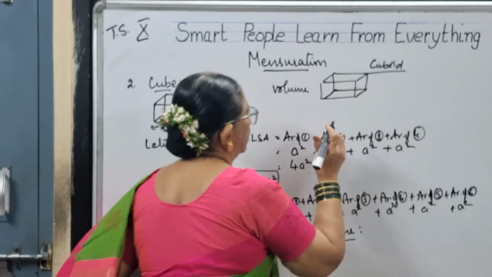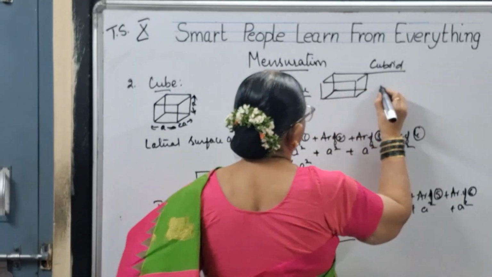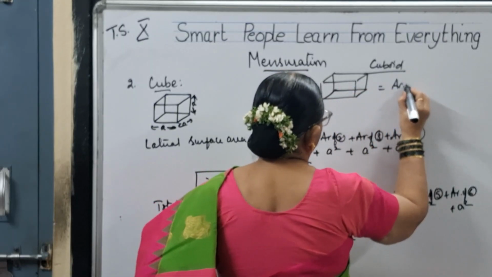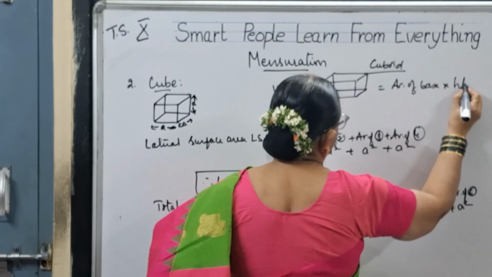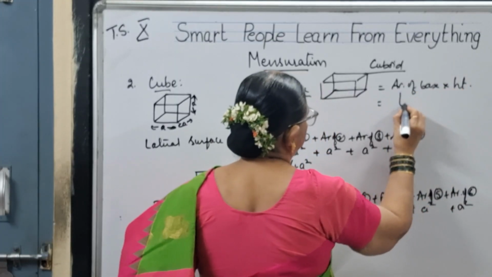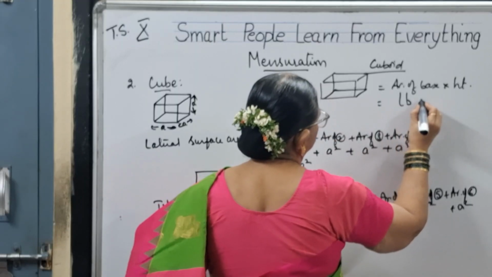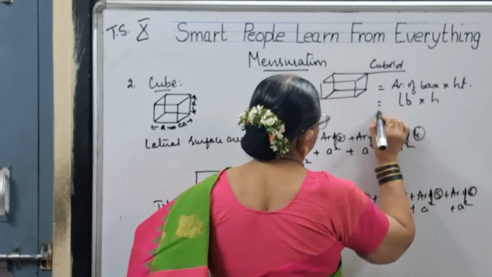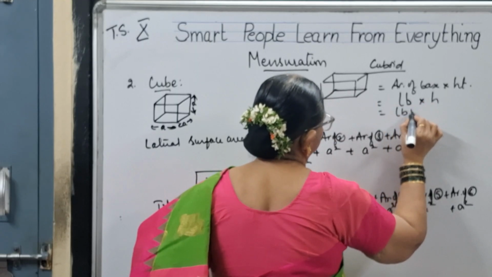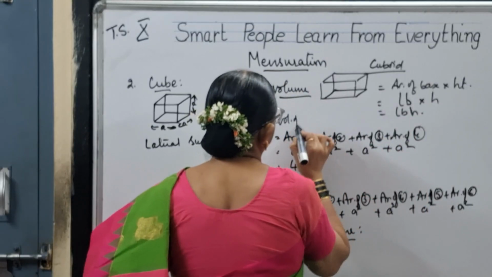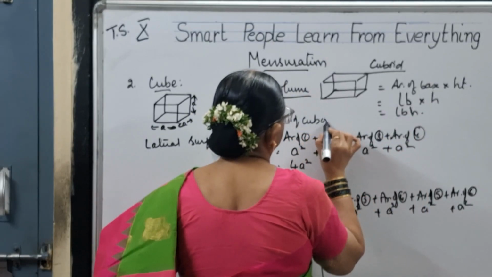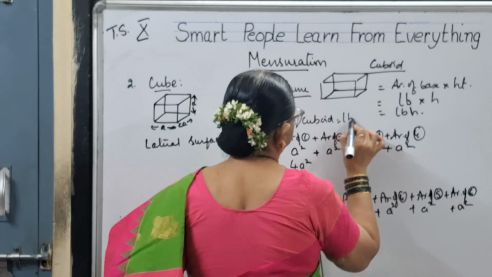Actually, the general formula of volume is area of base into height. The area of base is in the form of a rectangle, L into B, into height H. So LBH. This is the formula. So volume of cuboid is equal to LBH.